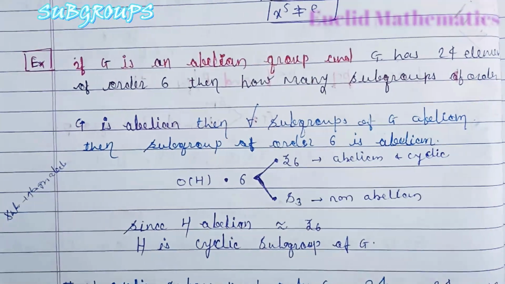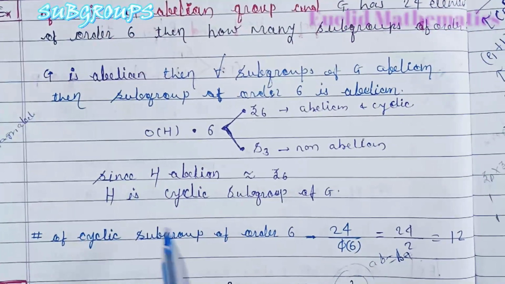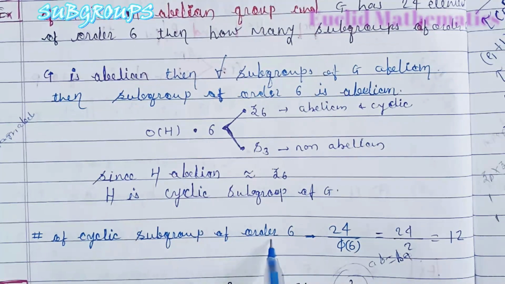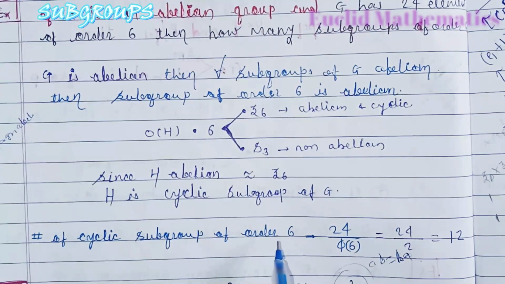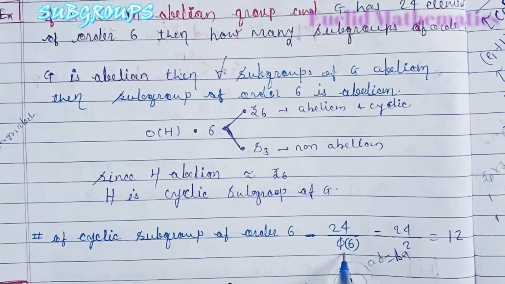Now let's verify. The property says the number of cyclic subgroups of order 6 is the number of elements of order 6 divided by phi of 6.